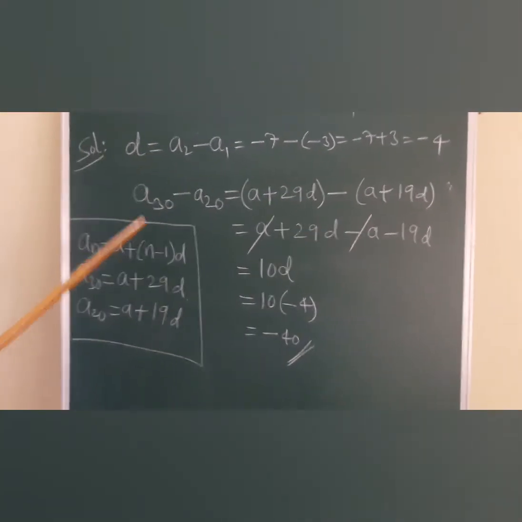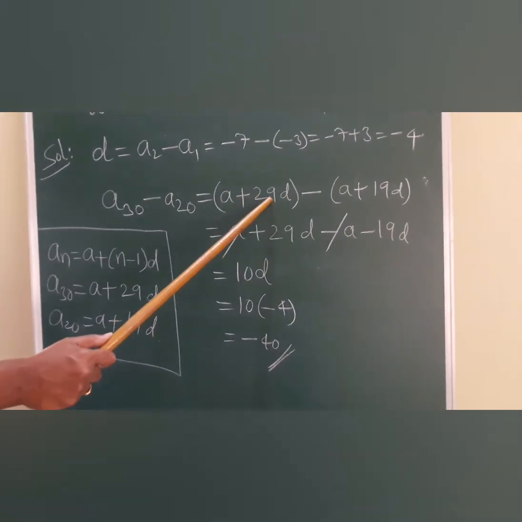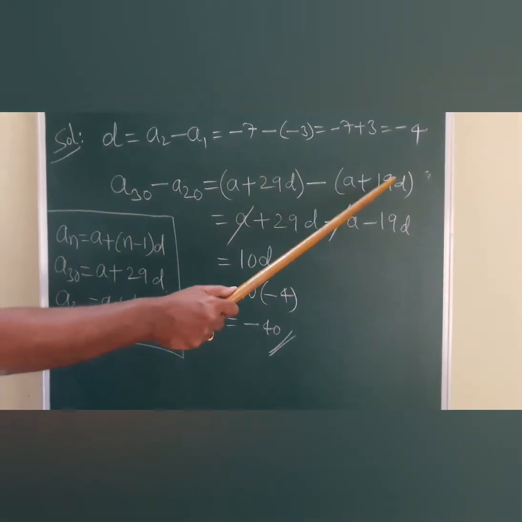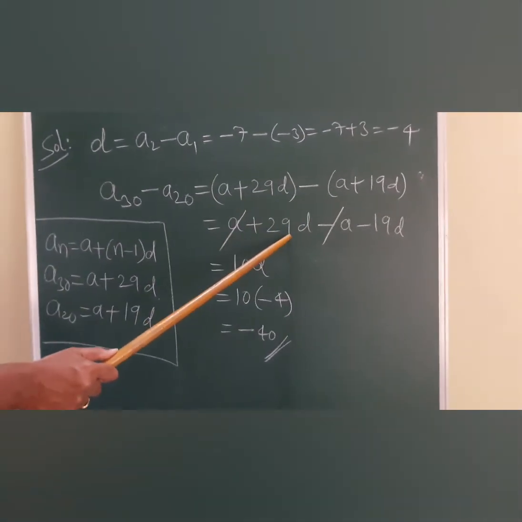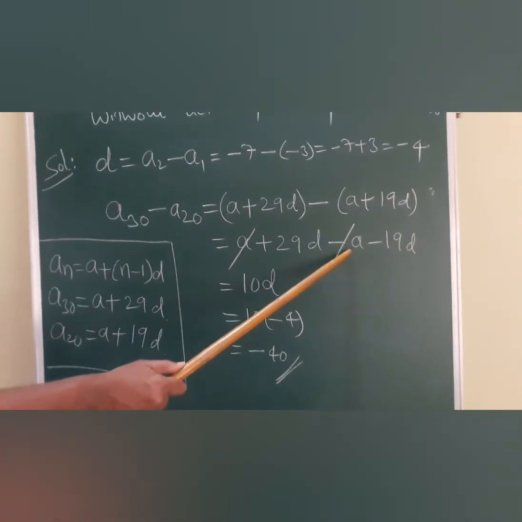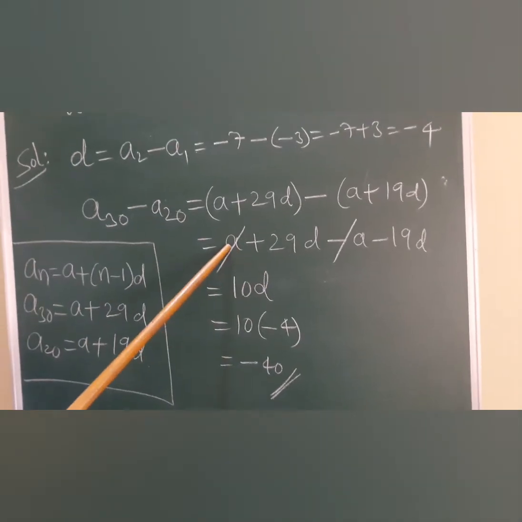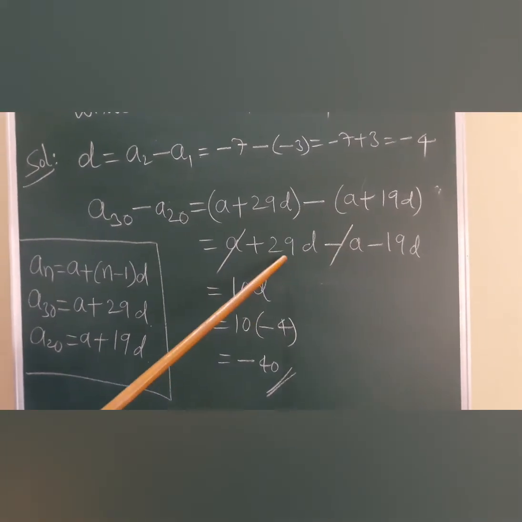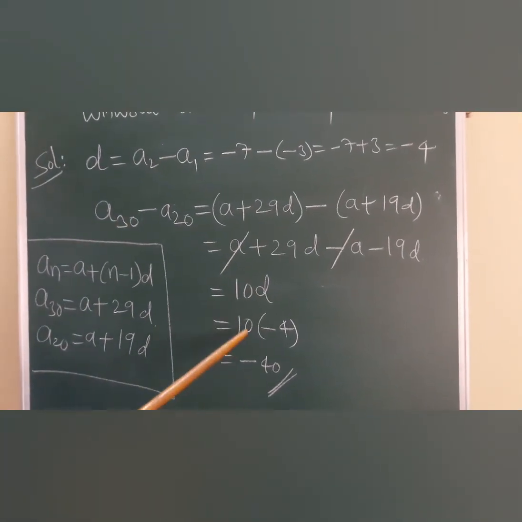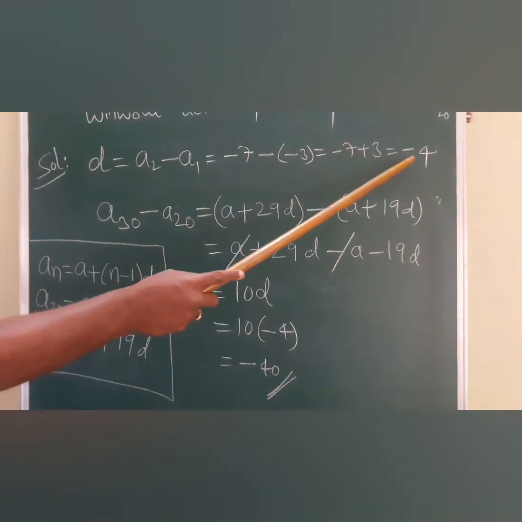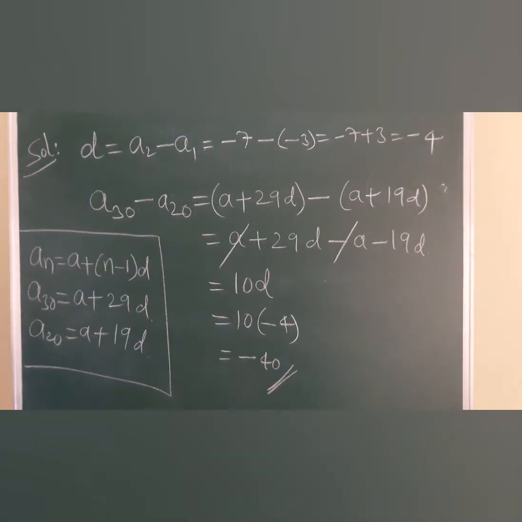So a30 minus a20 is equal to a plus 29d minus of a plus 19d. That is a plus 29d minus a minus 19d. Plus a minus a get cancelled. 29d minus 19d is 10d. That is equal to 10 into the d value minus 4, which is minus 40.